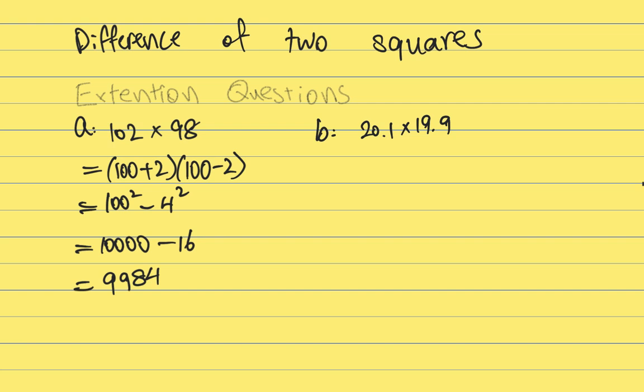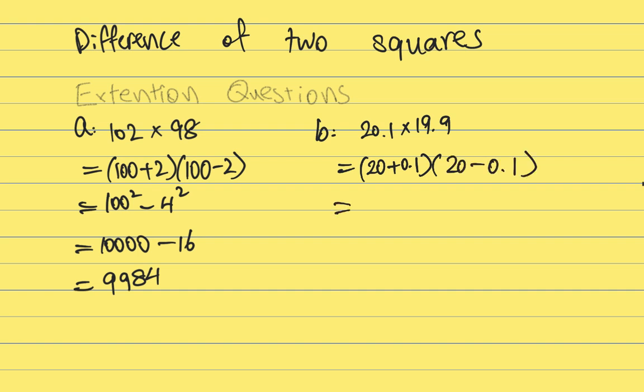Okay, question B: 20.1 times 19.9. Again, without calculator, what can we do? We can express 20.1 as 20 plus 0.1, and 19.9 as 20 minus 0.1.